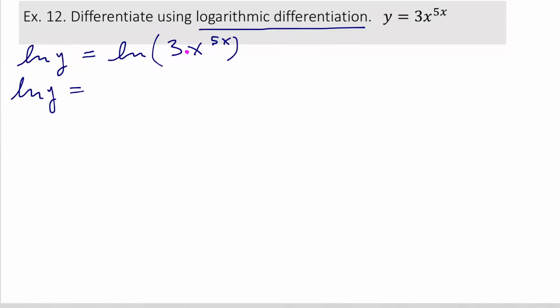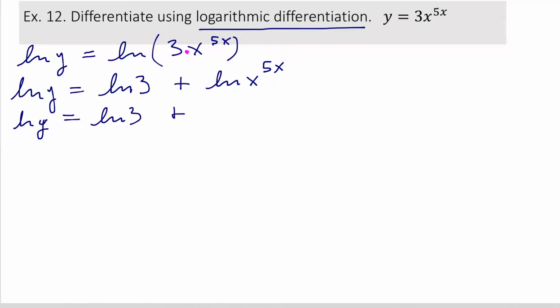So I can say I have the ln of 3 plus, because it's a product, it's connected to plus the ln of x to the 5x power. And then I could further say that this can be simplified one more time. This is the ln of 3 plus 5x, bring the power in front, ln of x. All right, so we've got it simplified with our log properties.